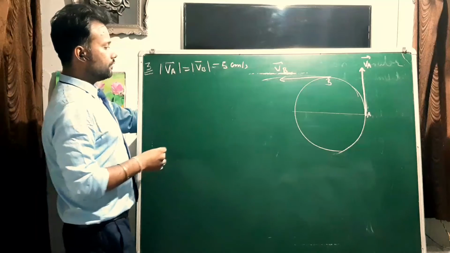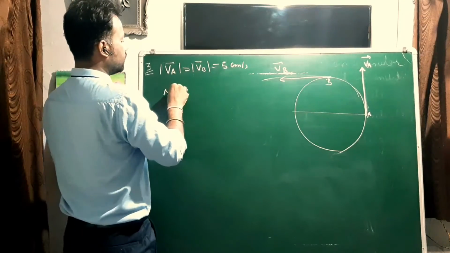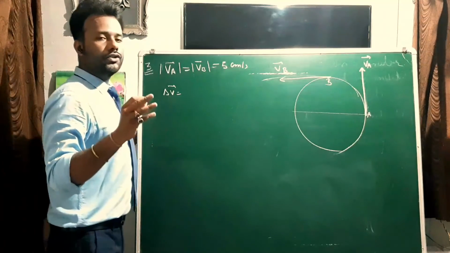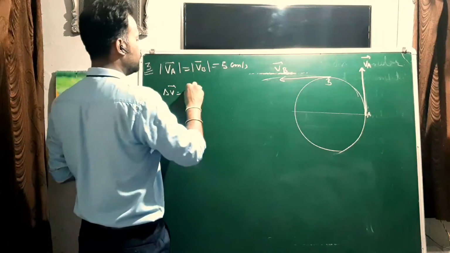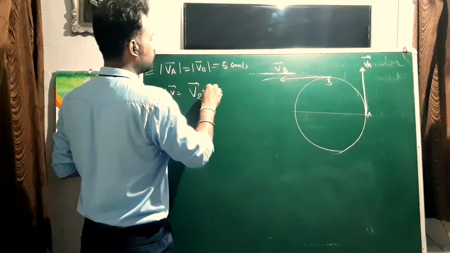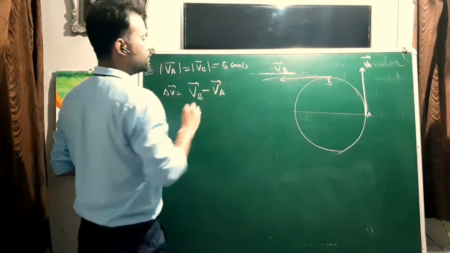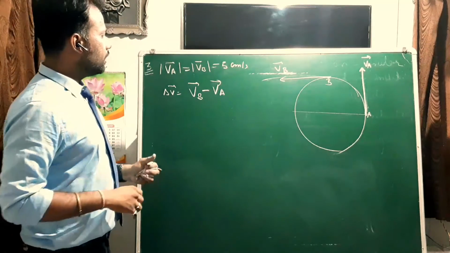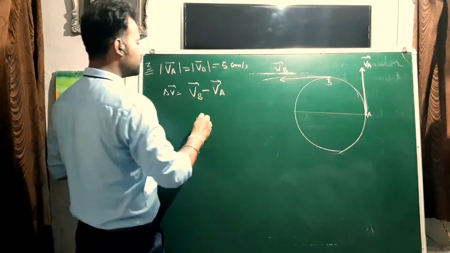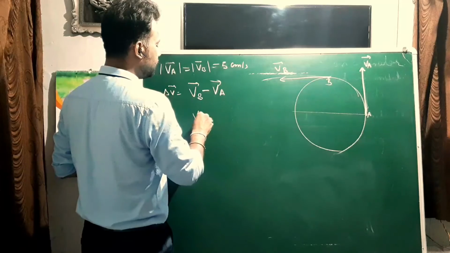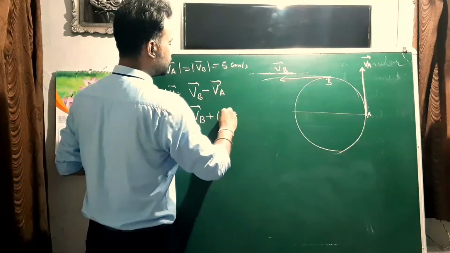So what will be the change in velocity? Del V will be final velocity minus initial velocity. That means VB minus VA. This will be the change. Now can we write this expression as VB plus minus VA?